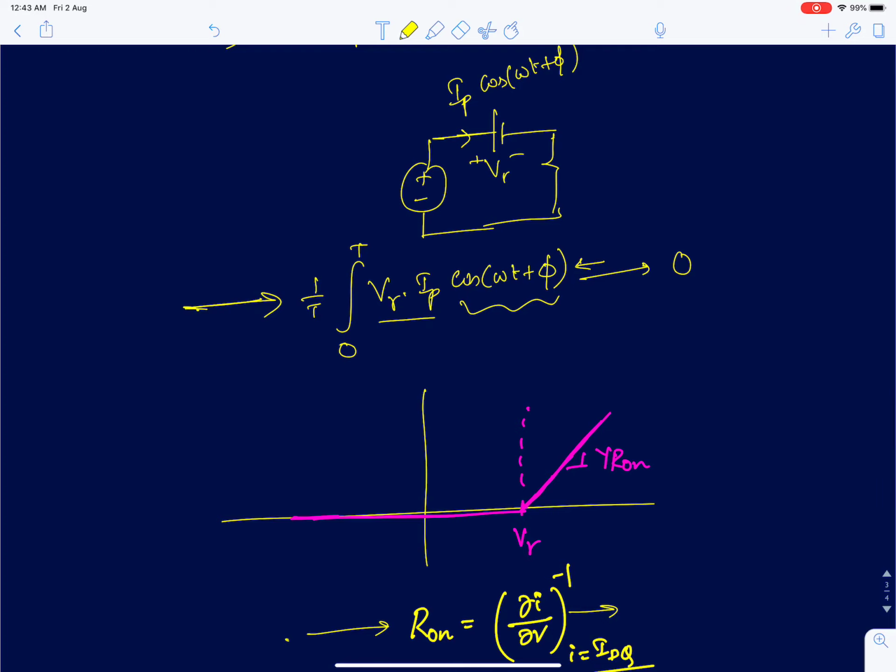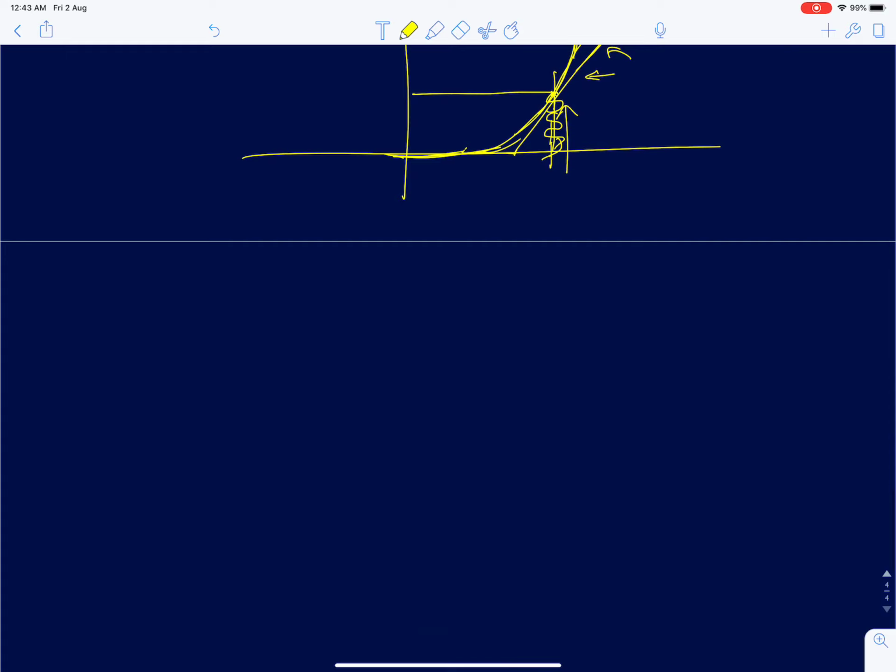How efficiently can you convert it into a DC signal? The diode is used in almost all of these AC to DC conversion circuits, and some amount of the AC power is also lost in the diode. To capture that, we need to model the on-state resistance.